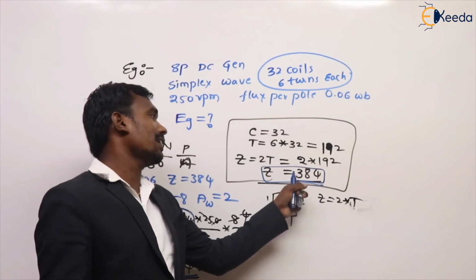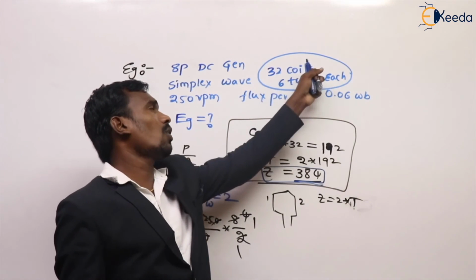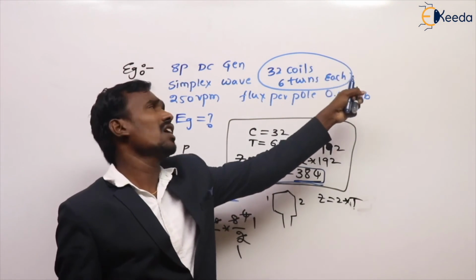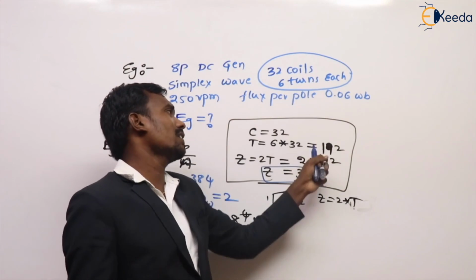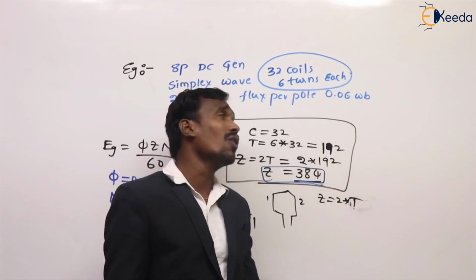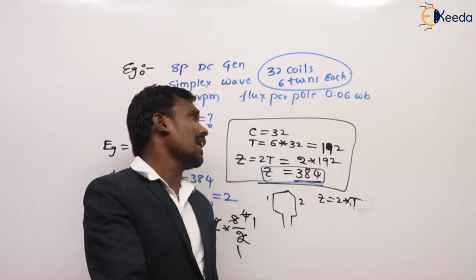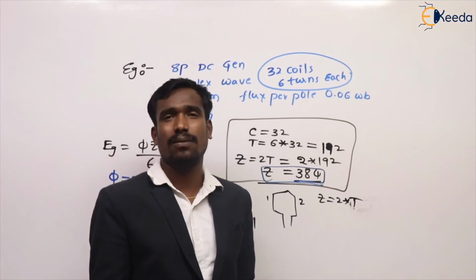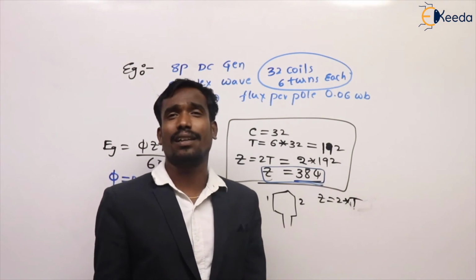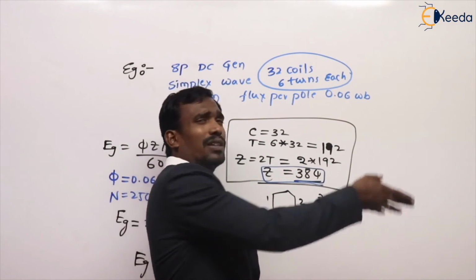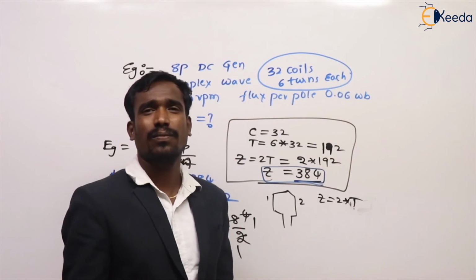How you have to calculate: they gave 32 coils, 6 turns each, nothing but each coil having 6 turns. So finally the turns are 192. But we want the number of conductors. Of course, in the options 192 is also there, 384 is also there, and another one is also there.